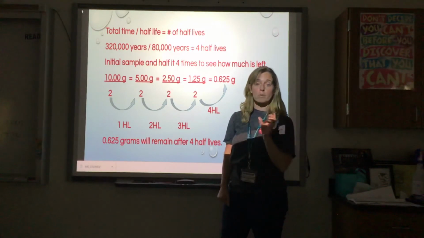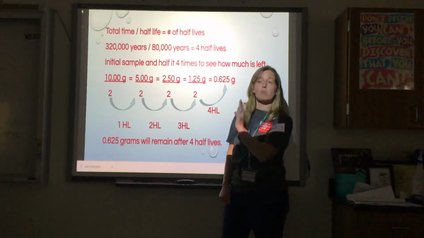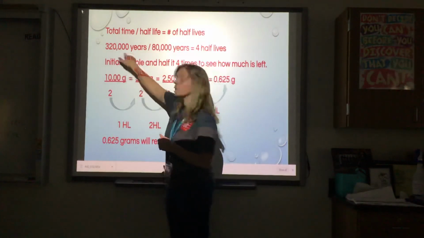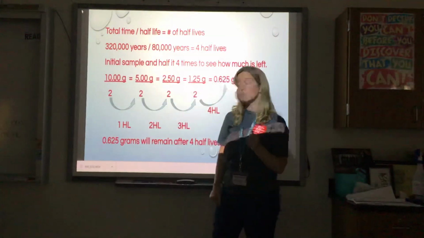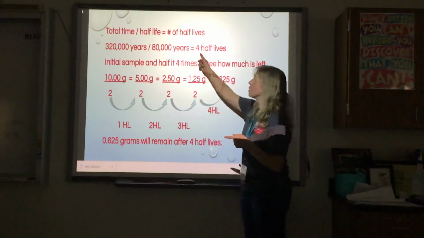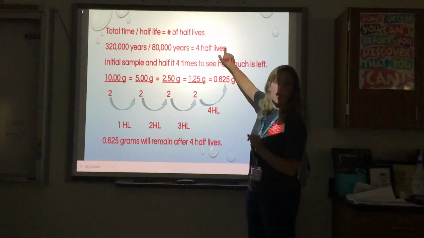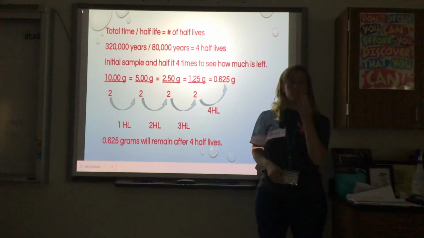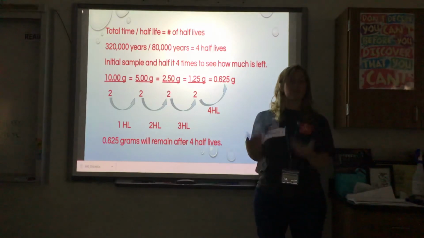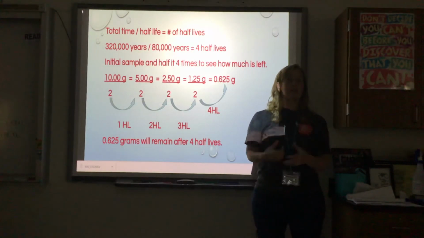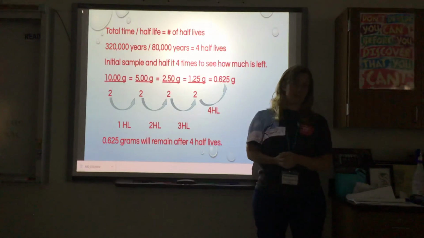All right, so I want to figure out how much remains in that amount of time. So I'm going to take 320,000 years and divide by 80,000 years, and that's going to give me 4, which means it's 4 half-lives. That means I'm going to need to half my sample 4 times, and then whatever's left over after 4 times of halving my sample, that's how many grams will remain of the sample, okay?